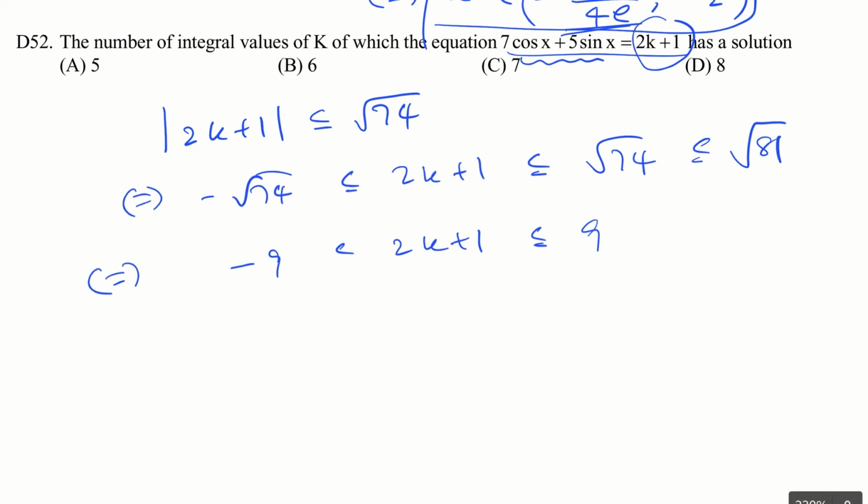Observe that I can take strict inequality here because it cannot take this. I can write here a strict inequality there itself.